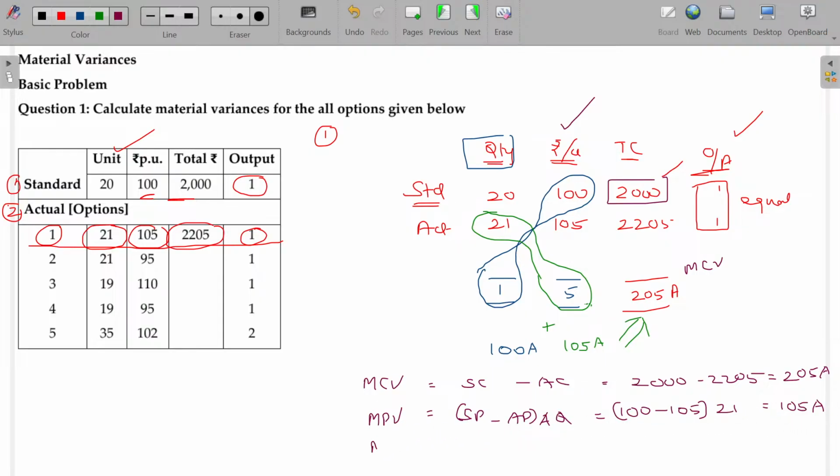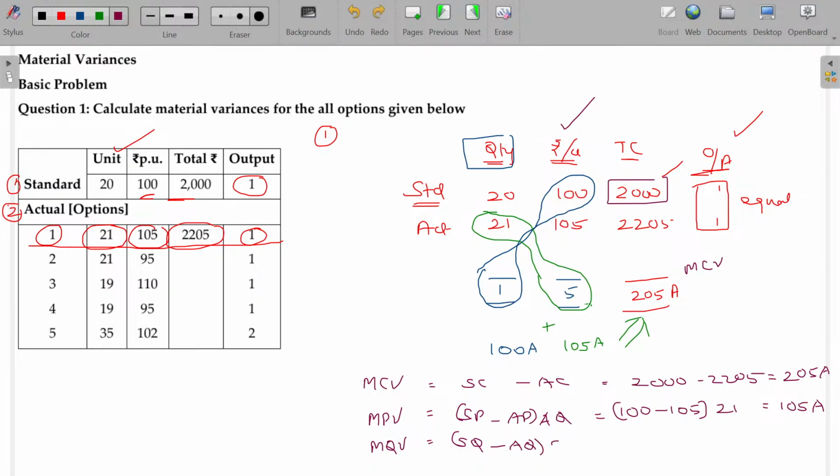And in case of material quantity variance, you have to start with standard quantity, because what matters is the change in consumption of quantity in case of quantity variance. So, standard quantity minus actual quantity will be taken, multiplied with standard price, because my intention is to find out the variance due to the quantity only. So, actual price will not be considered here. Standard price will be considered here.